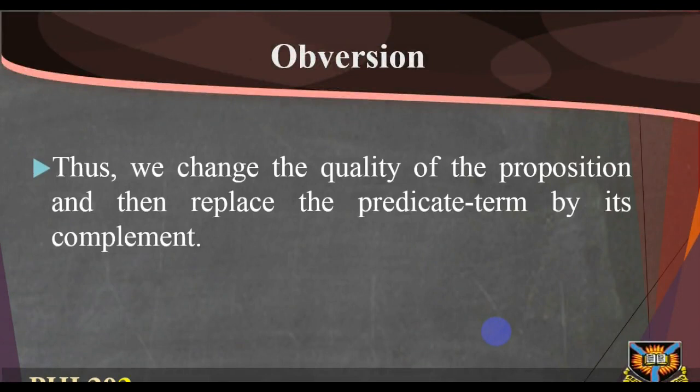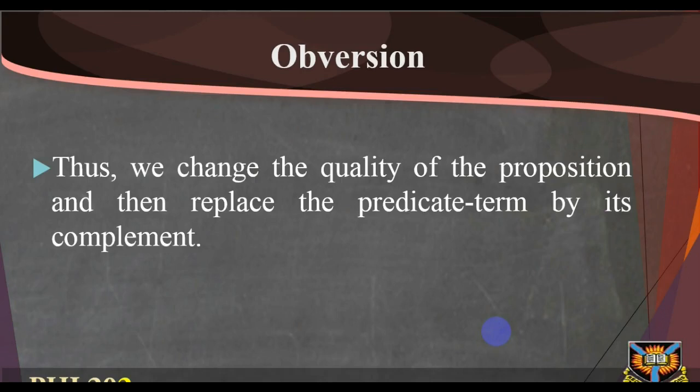A proposition. Obvertend. All men are politicians. Obverse. No men are non-politicians. E proposition. Obvertend. No men are politicians. Obverse. All men are non-politicians.